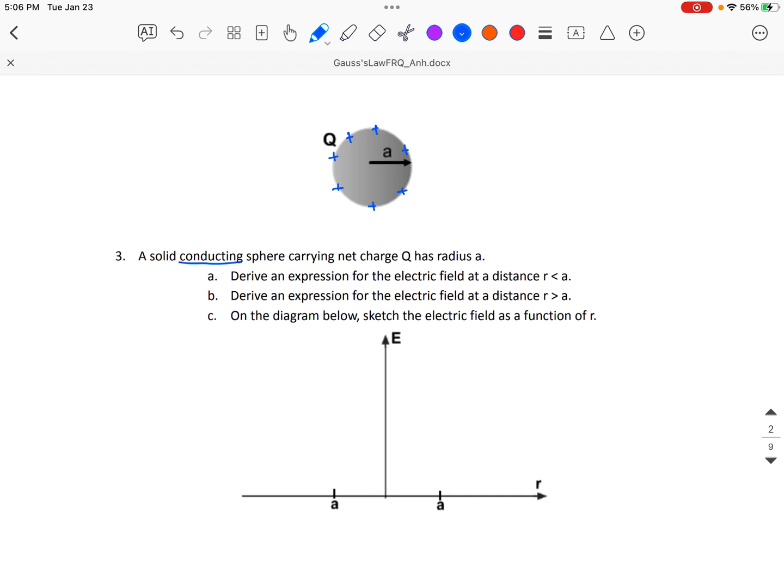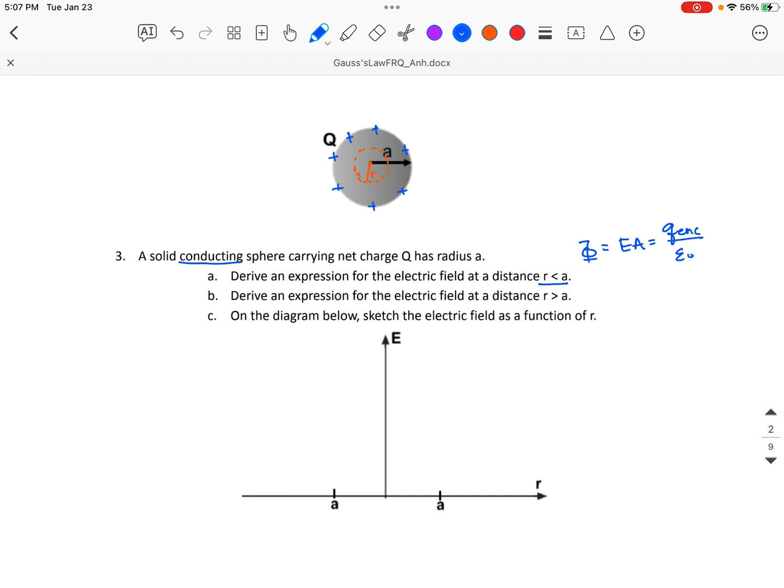So when we're talking about the electric field at distance r, where r is less than a, a distance less than the radius of the sphere, then we want to look at the equation that the electric flux is equal to EA, which is also equal to Q enclosed over epsilon naught.